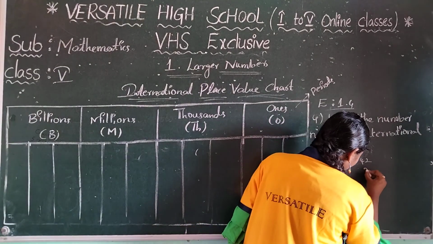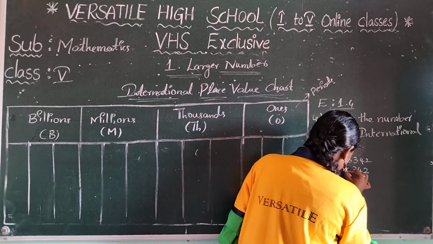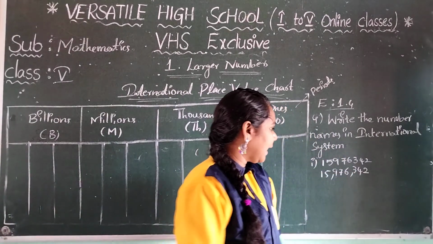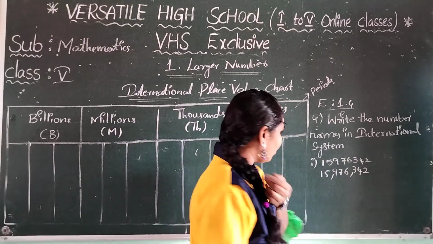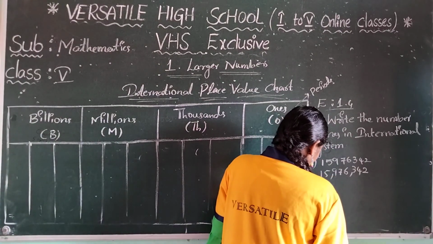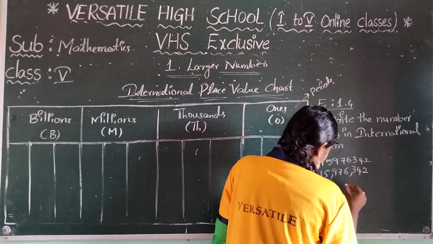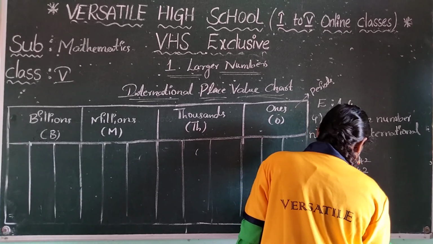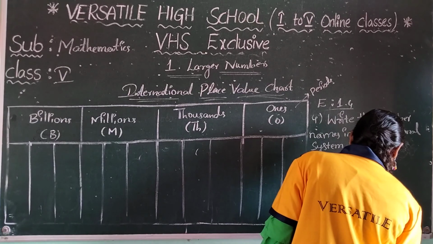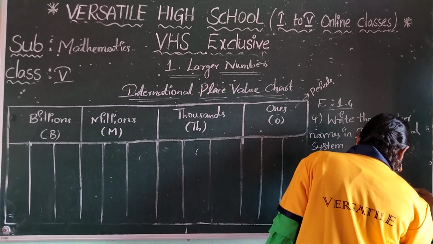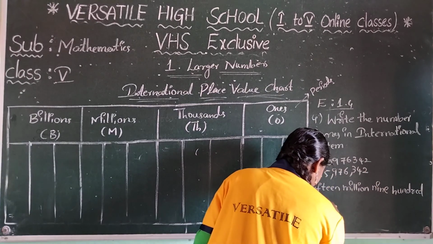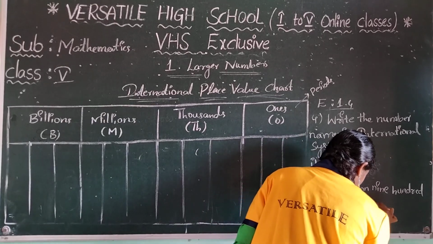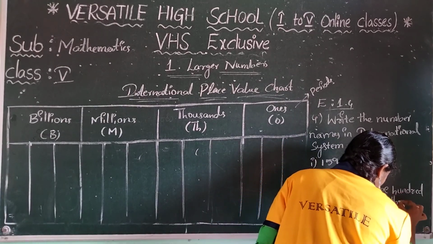So 15 billions, 976,342. 15 millions, 976 thousands, 342.